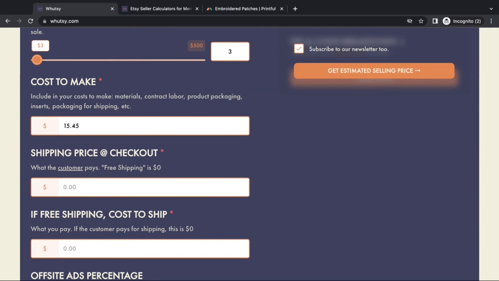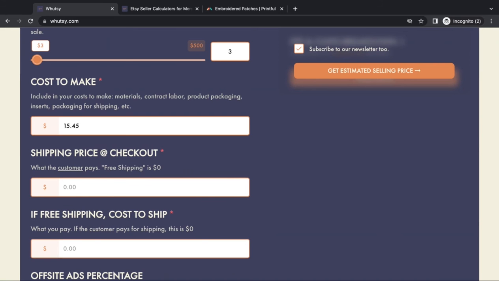If you're hand making something, say I'm doing these embroidered patches at home, you want to include the cost of the blank, if you're embroidering a blank, to make this. Are you including a business card in with your package? Is the thread you're using particularly expensive?